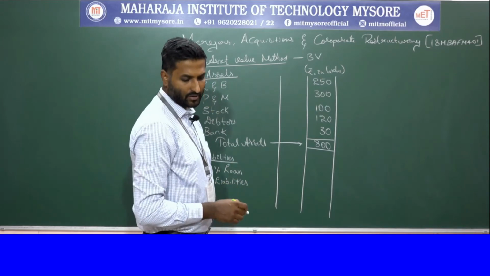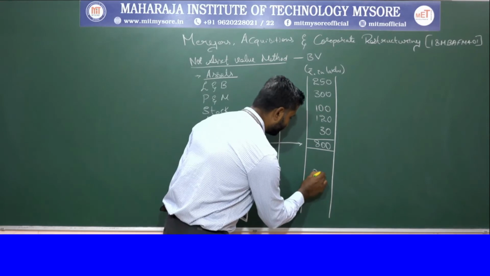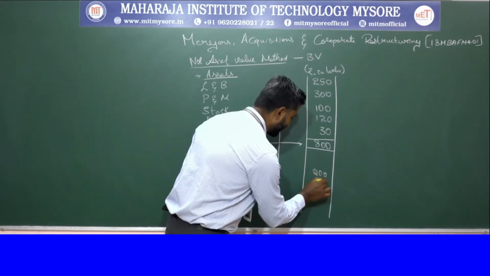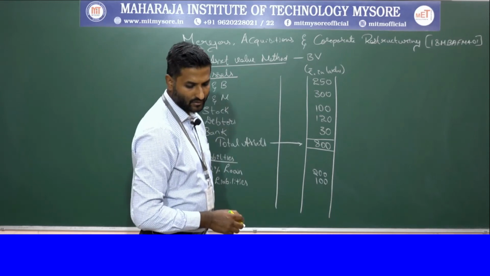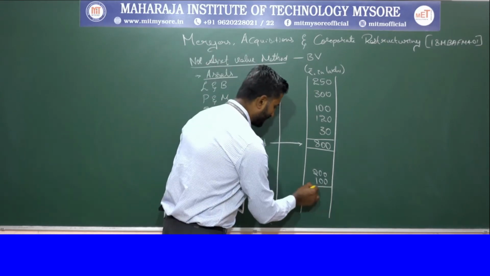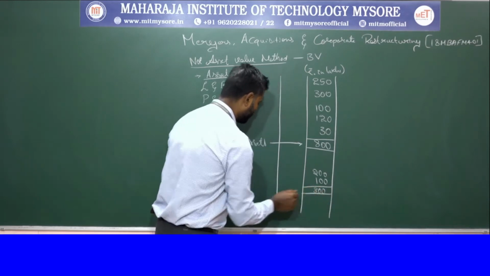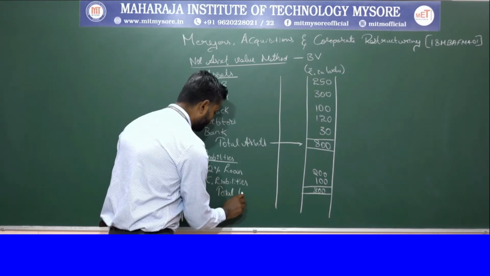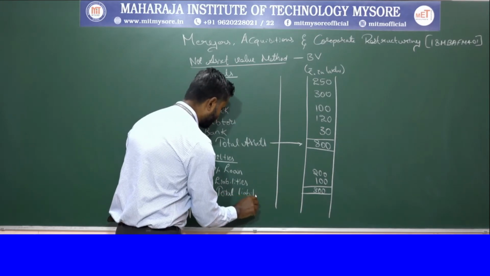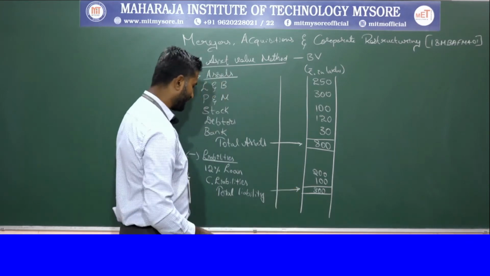The loan amounts to rupees 200 and current liability amounts to rupees 300. So the total liability amounts to rupees 500.